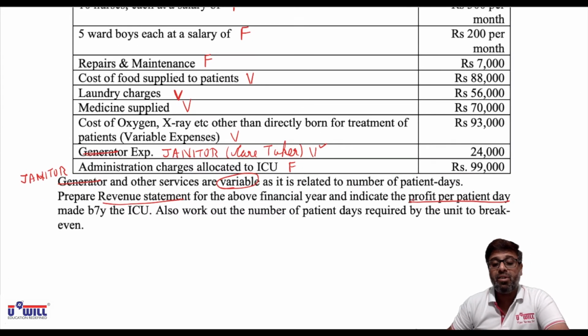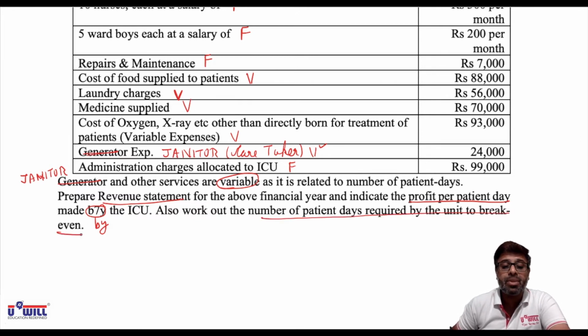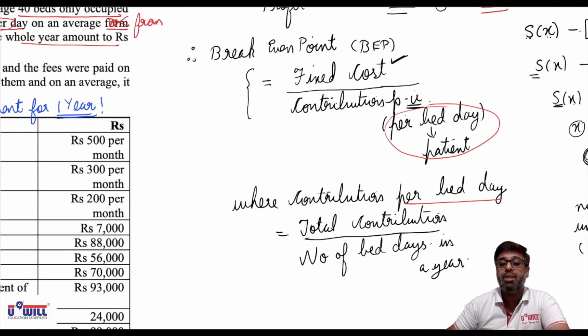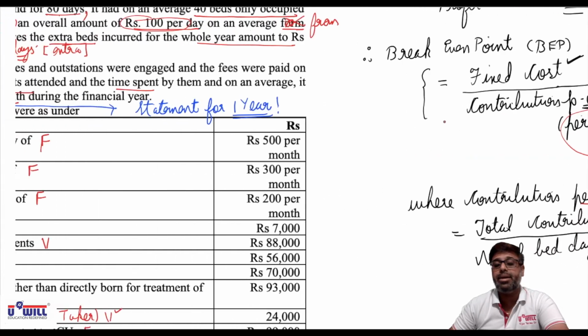Same way, profit divided by number of patient days or bed days will get profit per patient day. Also work out the number of patients required by the unit to break even. So to find that break even point, we'll apply this formula: fixed cost divided by contribution per bed day.